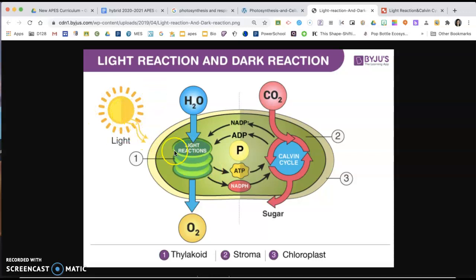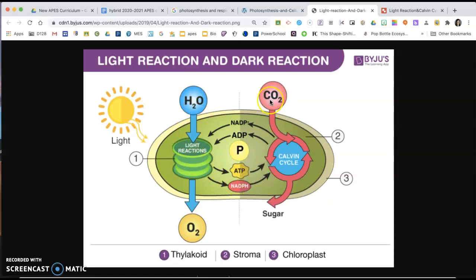What happens is the light excites the water and rips the hydrogens away from the oxygen. So the oxygen is left by itself and released from the plant as waste. And that's how we get the oxygen in the atmosphere that we breathe. The hydrogen then continues on through the process in the middle here.